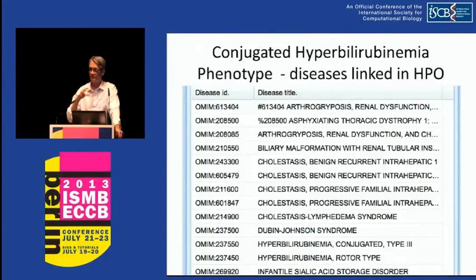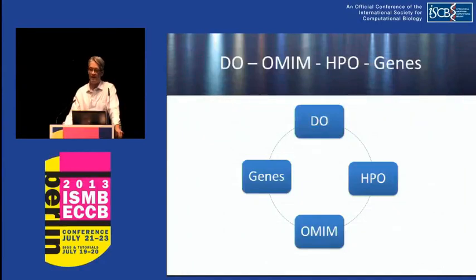So quickly you can get a sense that there's a network, even just moving in this very simple example, from disease ontology to OMIM to the human phenotype ontology. And you can imagine that as you look at any given set of diseases, a set of phenotypes, or a term in OMIM, there's a complicated network that you can discover.